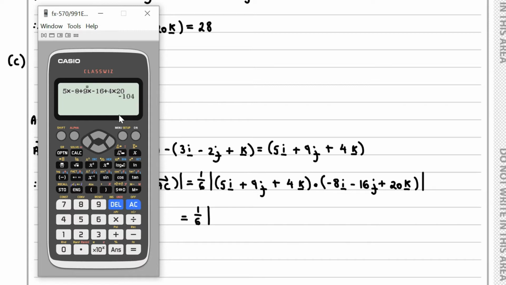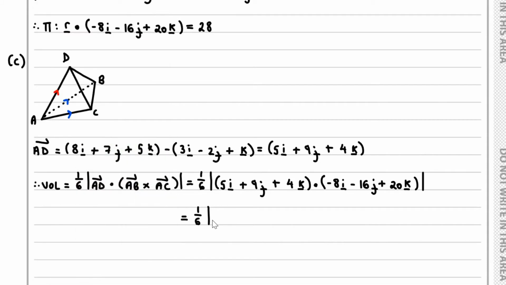It turns out here we get minus 104. So we've got a sixth of the mod of minus 104. And if we work this out, we end up with 52/3 units cubed.